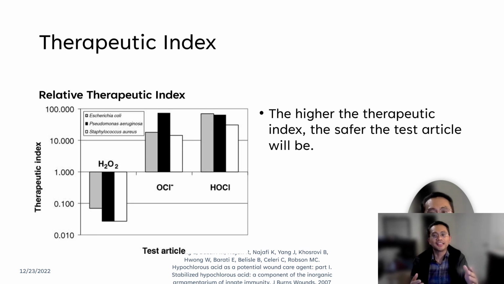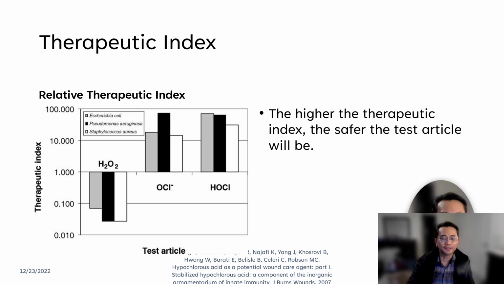The larger the therapeutic index, the safer the solution is. If the therapeutic index is small, meaning the difference between the two concentrations is very small, the solution must be dosed carefully and the person receiving the solution should be monitored closely for any sign of toxicity.